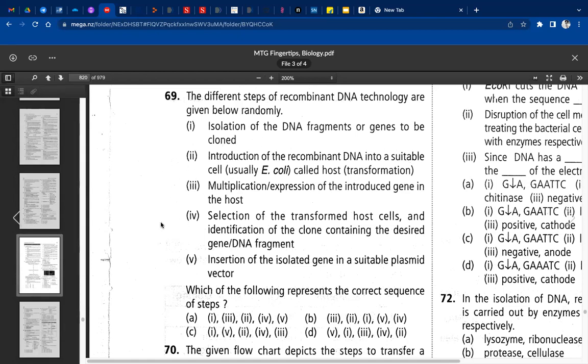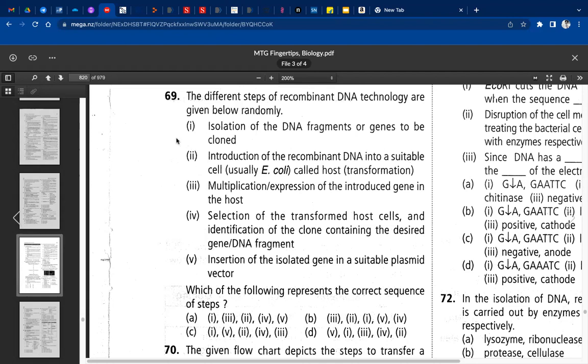And the last step of all the 5 steps mentioned is step 3, multiplication or expression of the introduced gene in the host. That is our final goal. If there was an option which talked about downstreaming process, that would be even later than step 3, so that would be the last. But here 1 is the first and 3rd is the last.